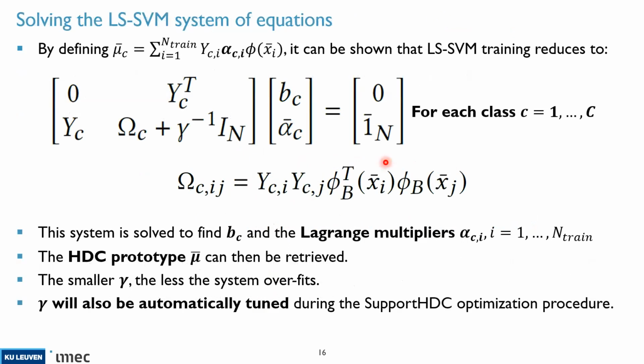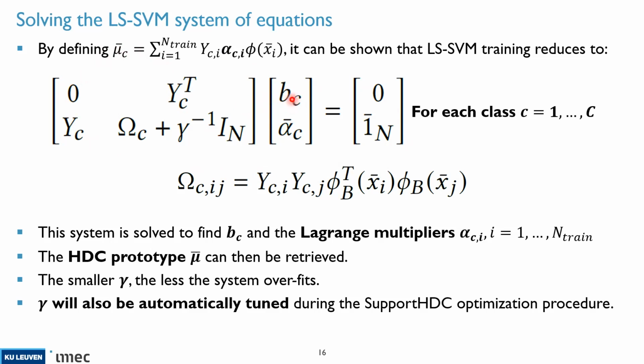Now, as I said earlier, this LSSVM, this least square support vector machine problem, can be solved using a linear system of equations. So you can show that in the dual space, when you use Lagrange optimization in the dual space, you can learn the SVM weights or the HTC prototype vectors, mu-C, by solving this system of equations with exactly the same number of equations and unknowns.